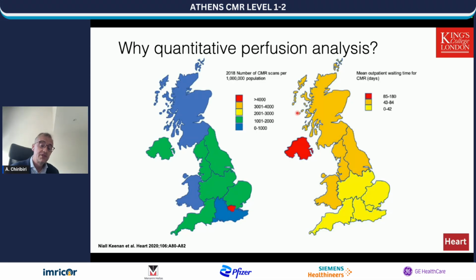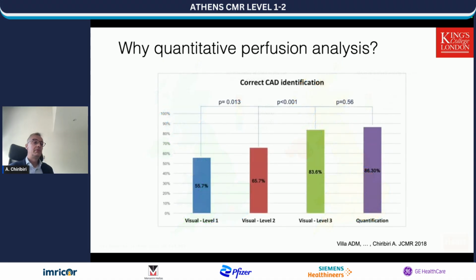Now, we know that stress perfusion CMR is a complex type of images to read. It takes quite a few hundred scans reported, double reported with a level 3 expert, to become equally expert. We published a few years ago a study testing the correlation between the level of training and the diagnostic accuracy.